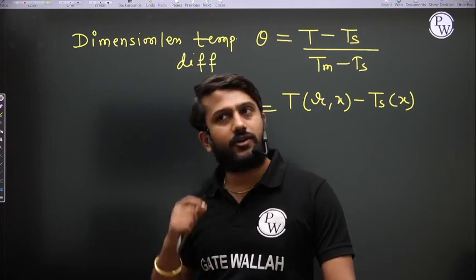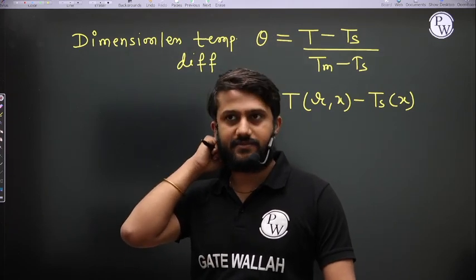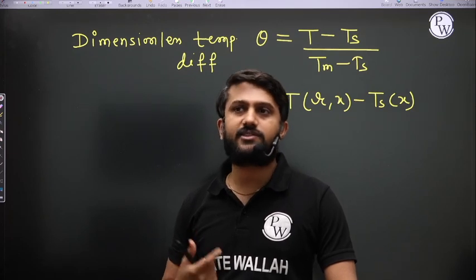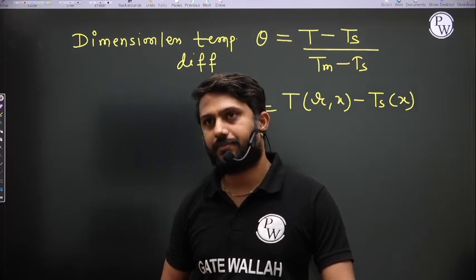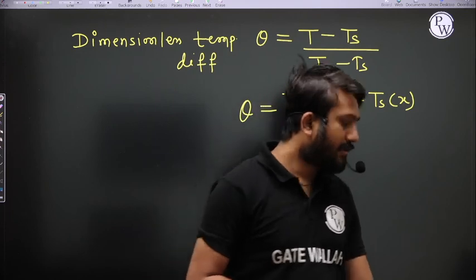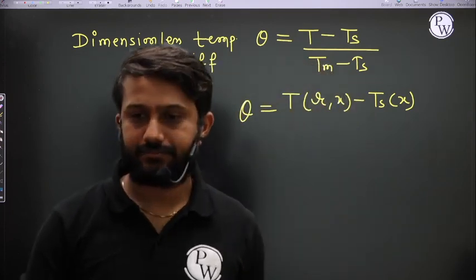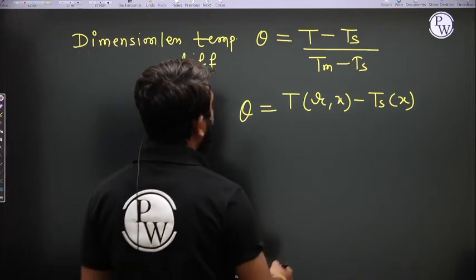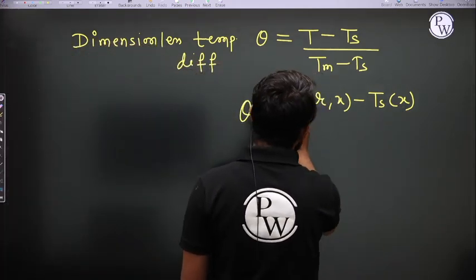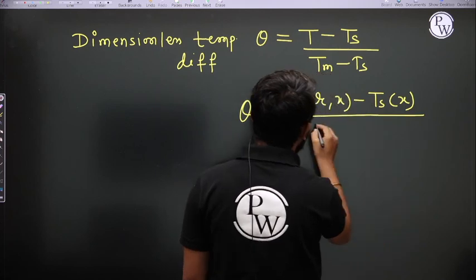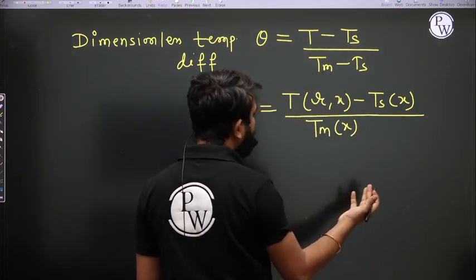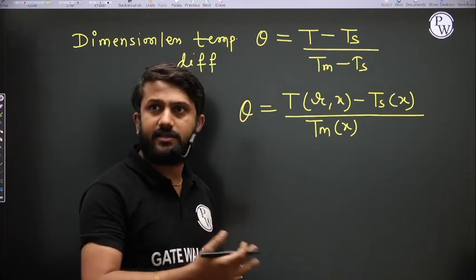In the constant wall temperature case, this Ts is fixed. But in the constant heat flux case, Ts is a function of X. That's why I am taking T as a function of X to generalize things. This Tm is a function of X. What is Tm? Tm is the mean temperature.